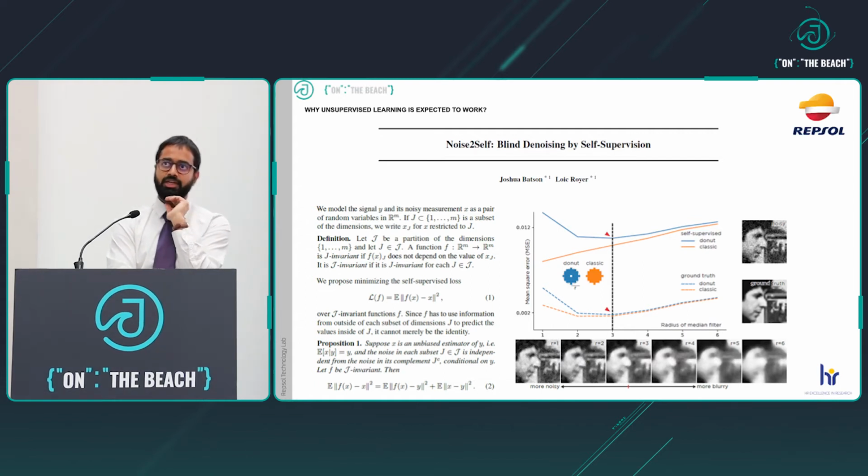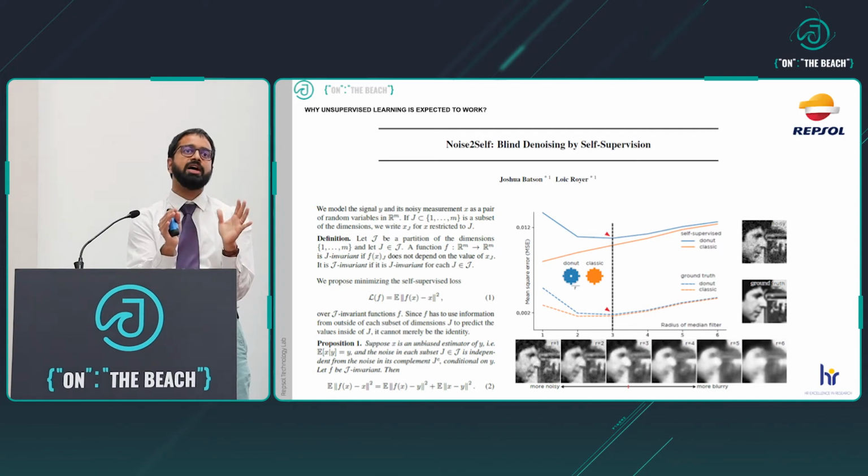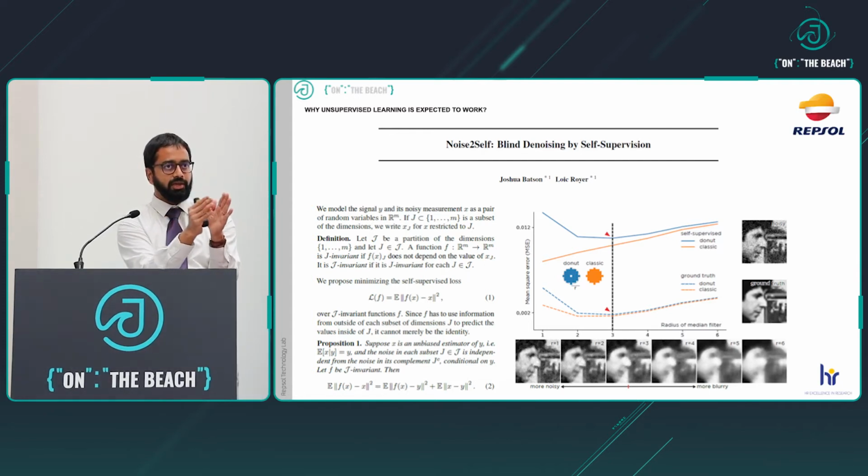The authors, Batson and Royer, explain. They first define a way of partitioning information, which they call J invariance. The essence of J invariance is that you take a set of indices and you do a partition. Partition, for example, numbers 1 to 10; you say you can divide it as 1, 2, 3, 3, 4.